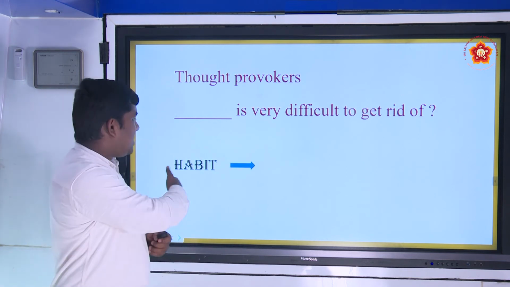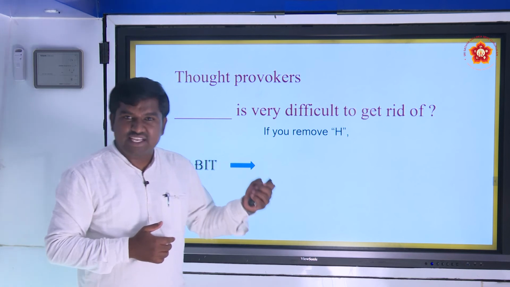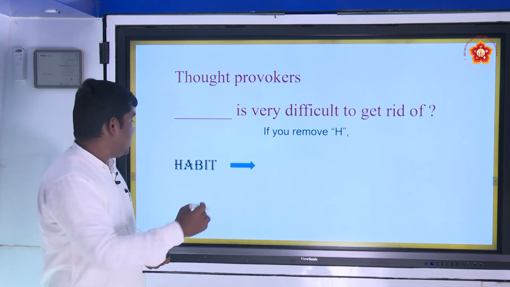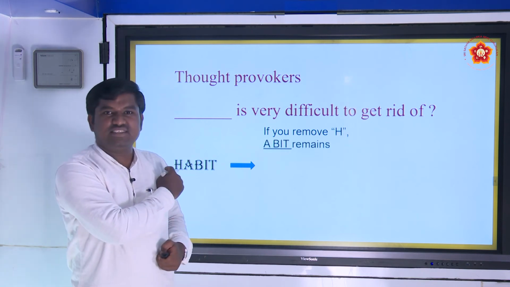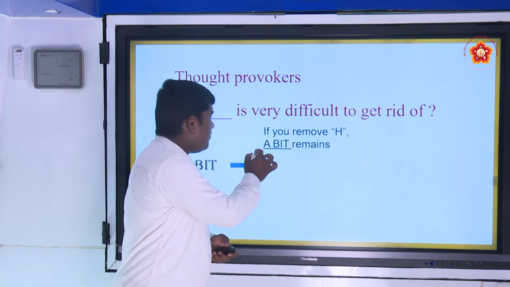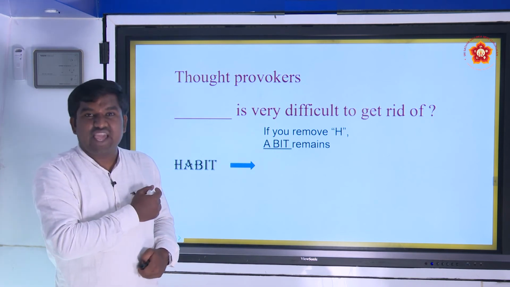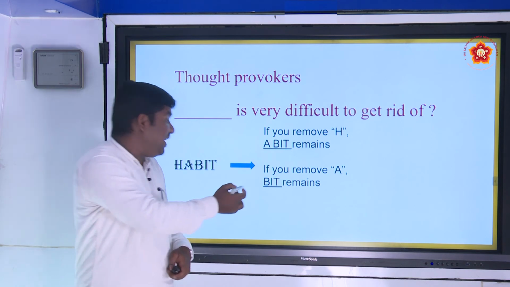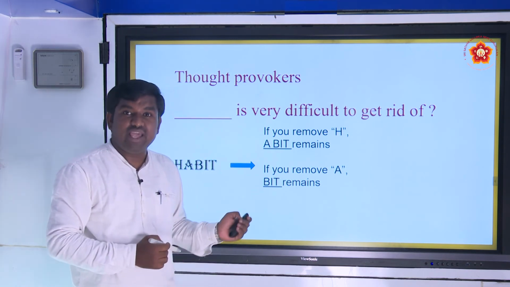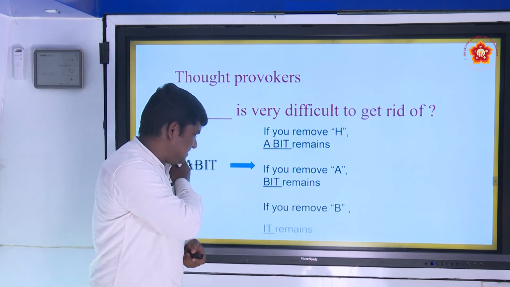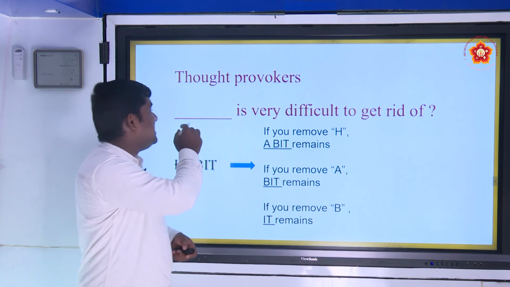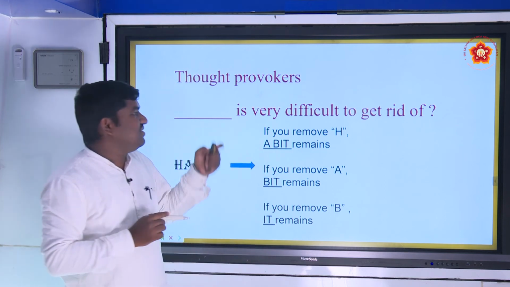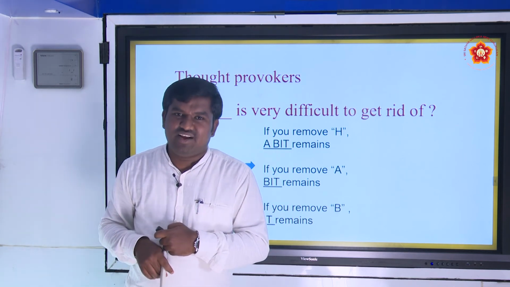In habit, if you remove h, a bit remains. In a bit, if you remove a, bit remains. In bit, if you remove b, it remains. So it is difficult to get rid of. Habit is very difficult to get rid of.